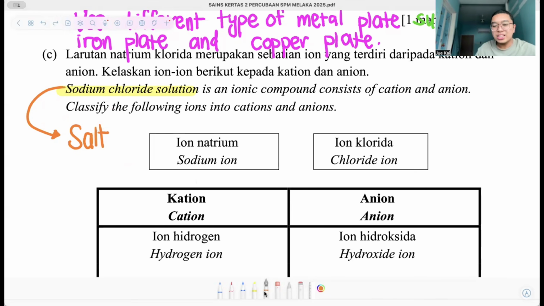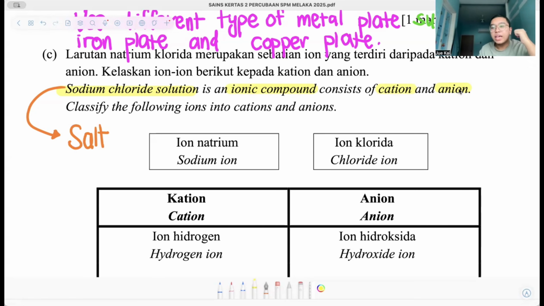So, salt solution is an ionic compound consisting of cation and anion. Really easy. Ionic compound I already taught from Form 4 chapter 8. Watch back the video. From Form 4 chapter 8, we have three types: atom, molecule, ion.